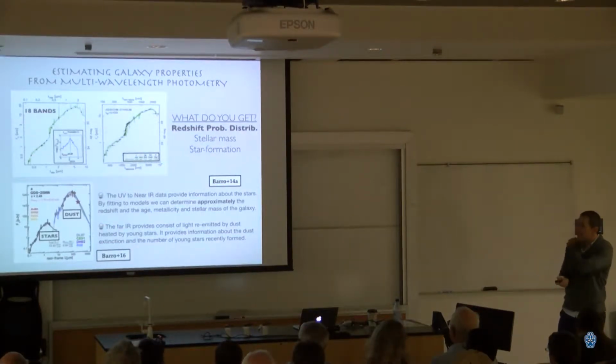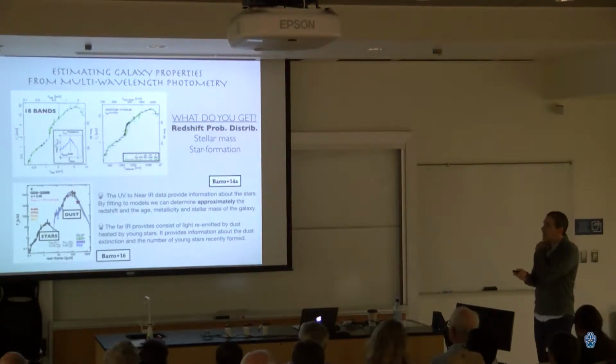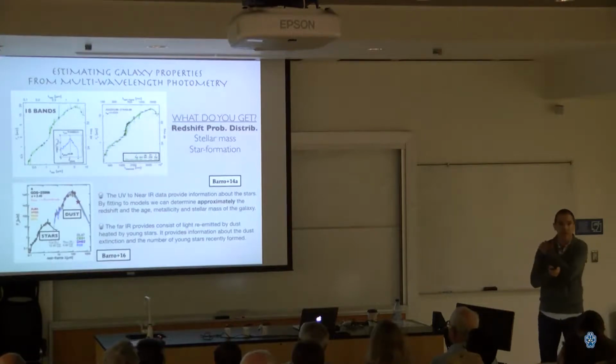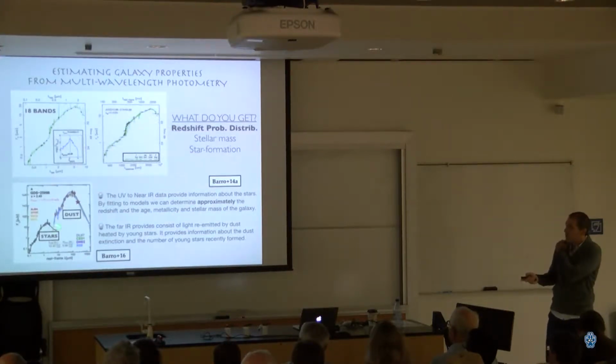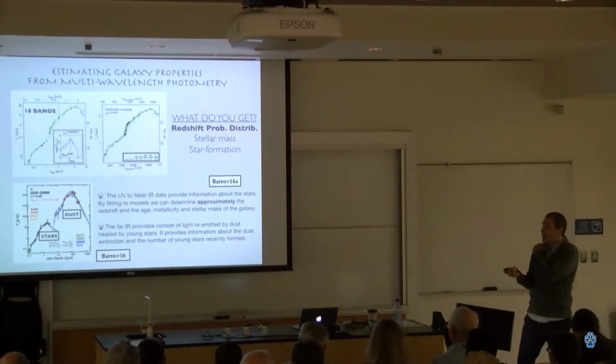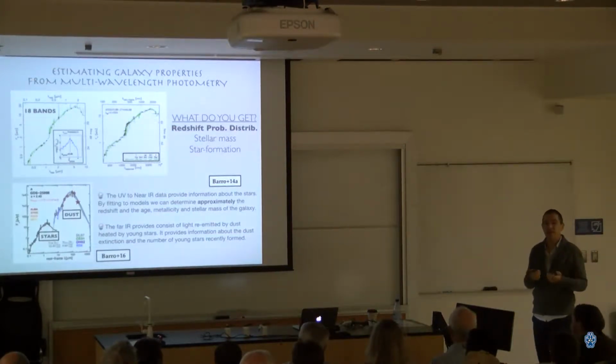Okay? This is important because for this we need information at different wavelengths from different parts of the electromagnetic spectrum. Okay? So the bluer kind of UV, optical or near-infrared wavelengths tell us about the stars. Okay? Just like our sun, most of the light comes out in the optical wavelengths. But galaxies are complex. It's not just stars that we have in galaxies.